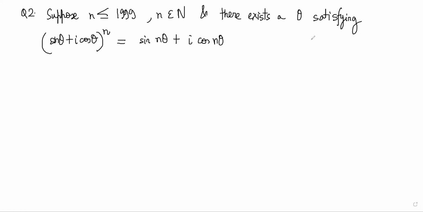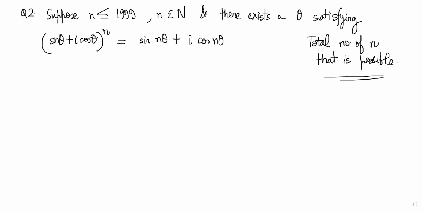What we have to find is the total number of n that is possible. How many different values of n are there for which this identity is true, right?